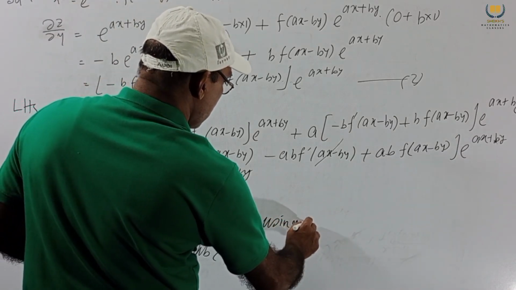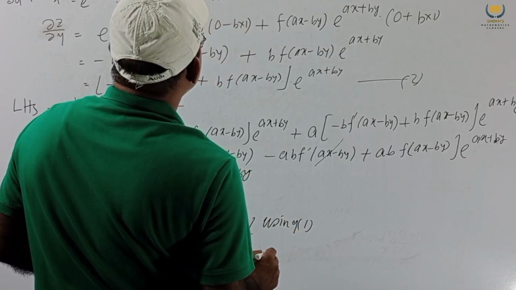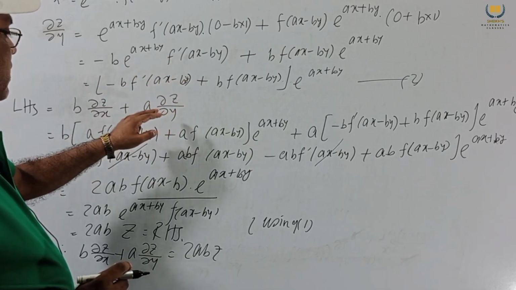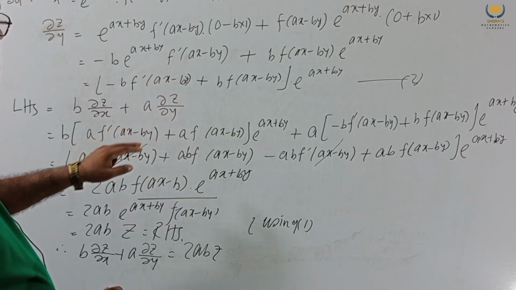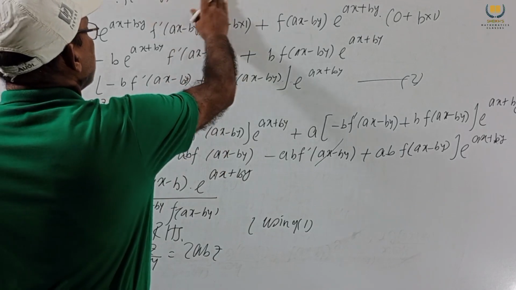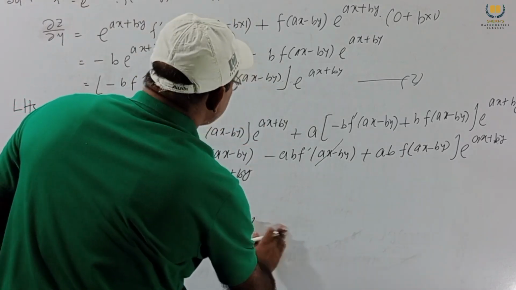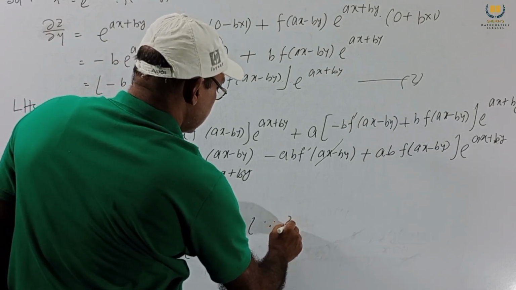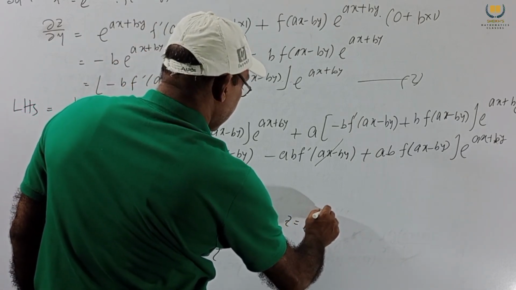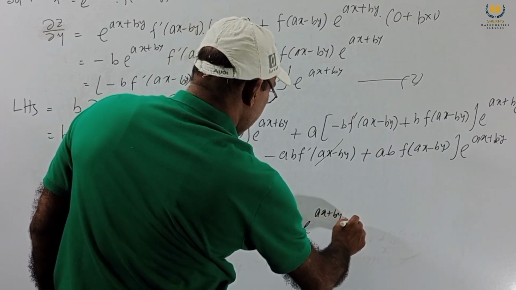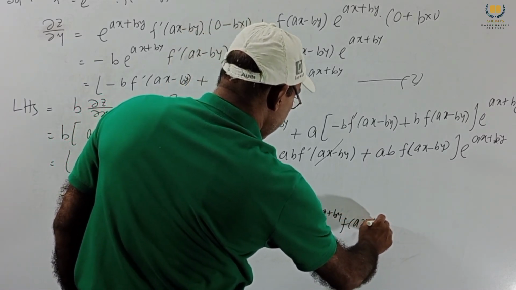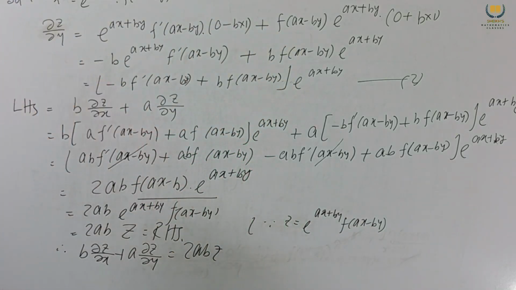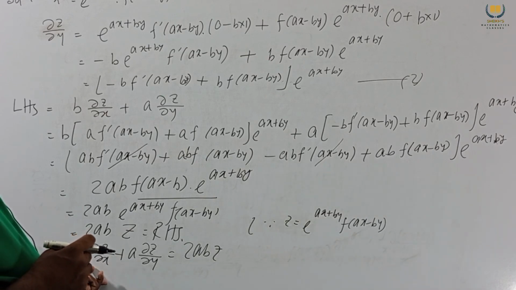Since we write z equals e^(ax+by) f(ax−by), in place of this we put z, and this is our right hand side, and we have the complete proof.